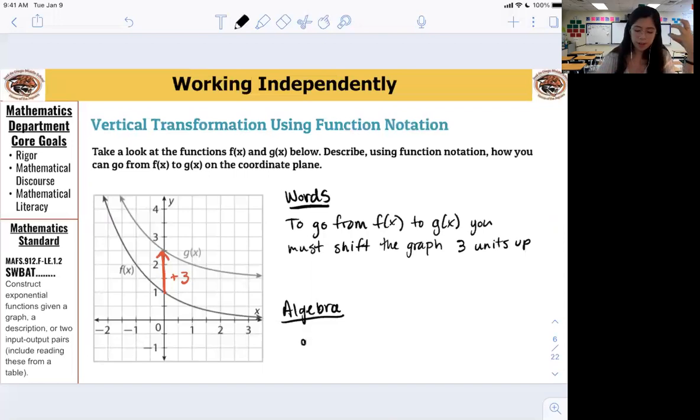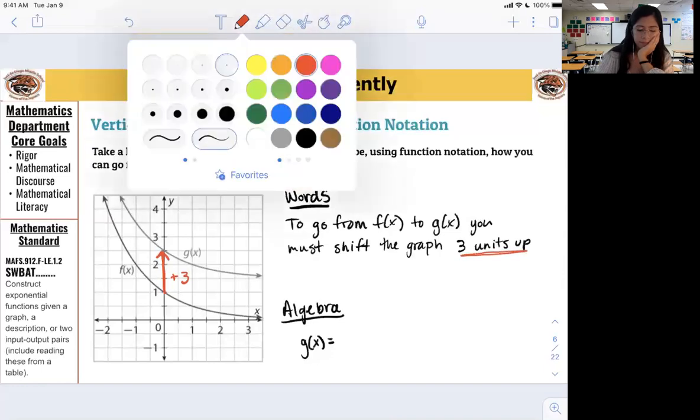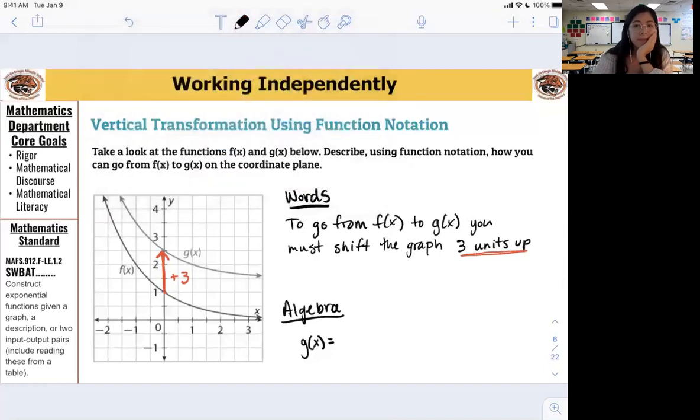So how do I get to g of x? We just subtract from f of x. So we put the f of x equation, then we put minus 3.